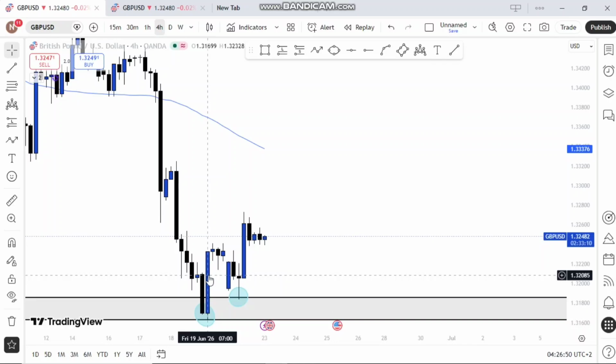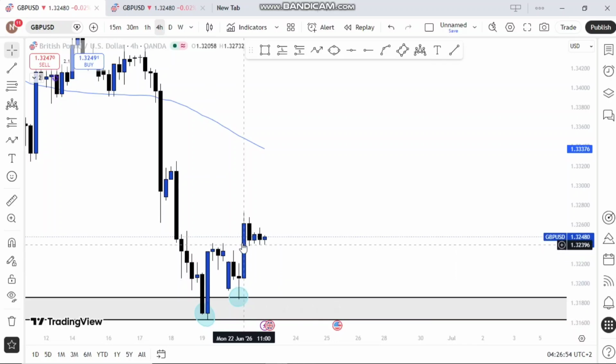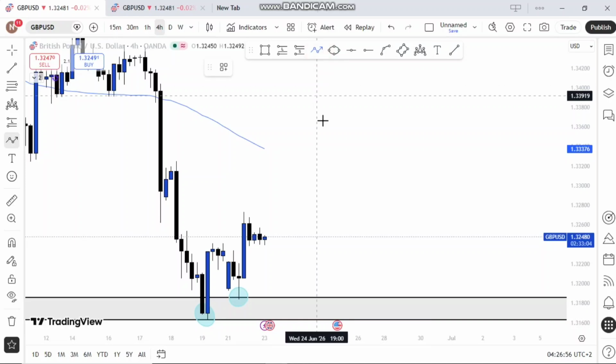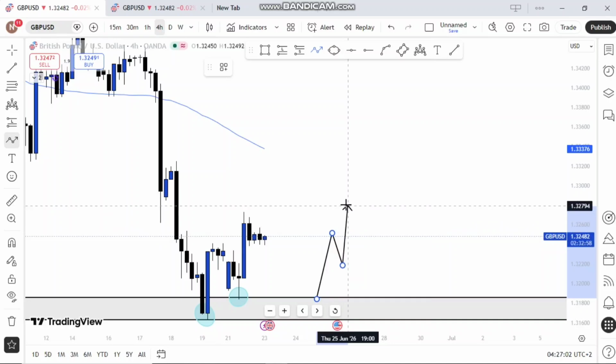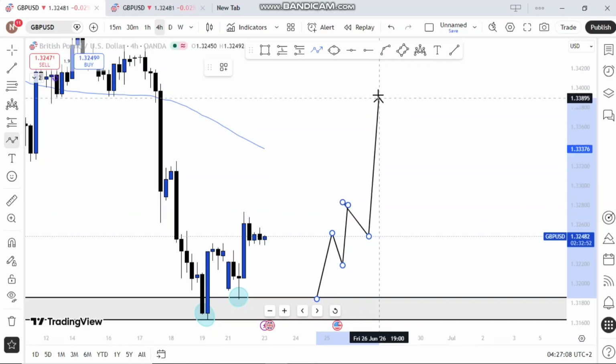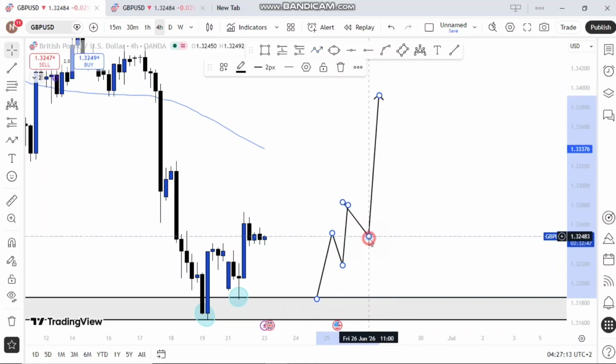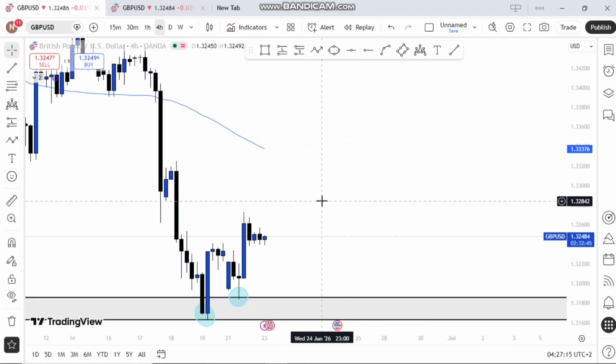We had one engulfing candle. We had two engulfing candles. So each time you see an engulfing candle, what happens? For example, one engulfing candle, and then another engulfing candle, and then what happens? Boom, boom. So now, buy.